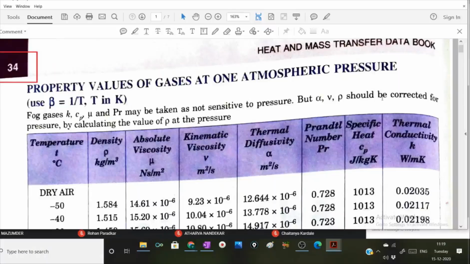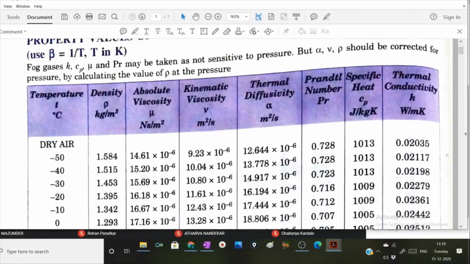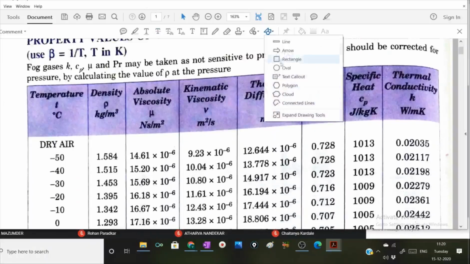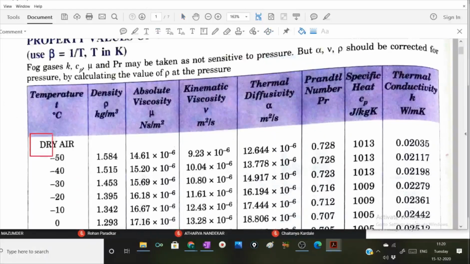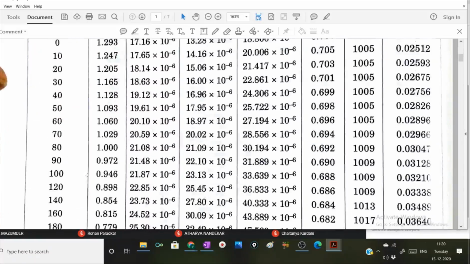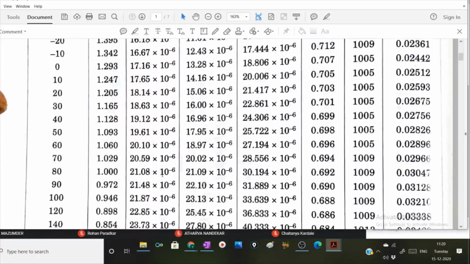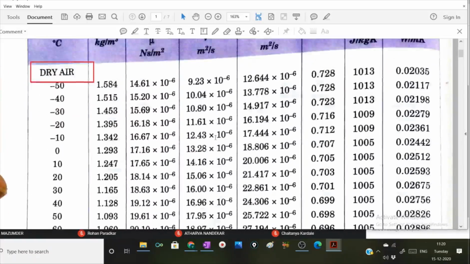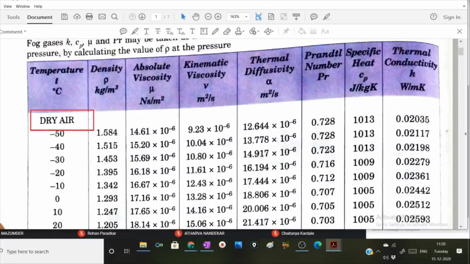So pressure to be considered is 1 atmospheric pressure. That is why I can refer this heat transfer data book. Now from this table for air at 110 degrees Celsius, we can find out all thermophysical properties like rho, mu, nu, alpha, Prandtl number, Cp and k.